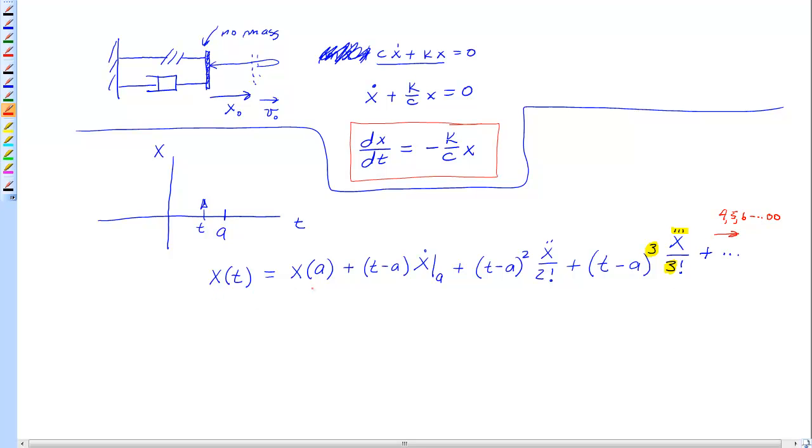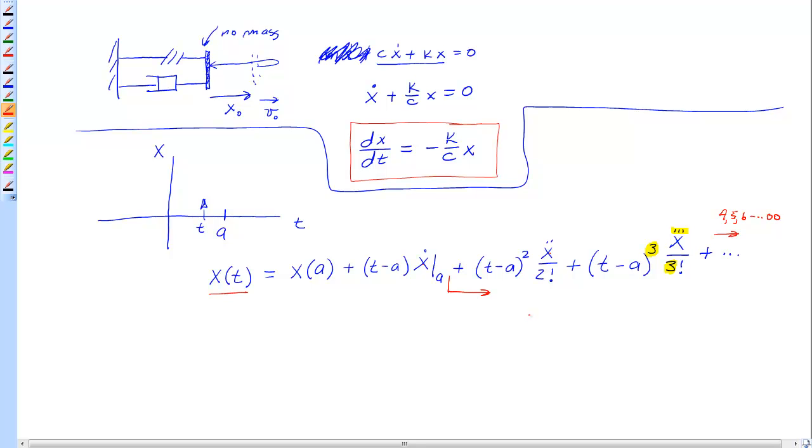So this tells you that given the functional value at a, the functional derivative there, the second derivative, the third derivative, and so on, I can actually determine the x at any point in time if I have the value at a and all of its derivatives. Now what happens often is we go in and truncate the series.